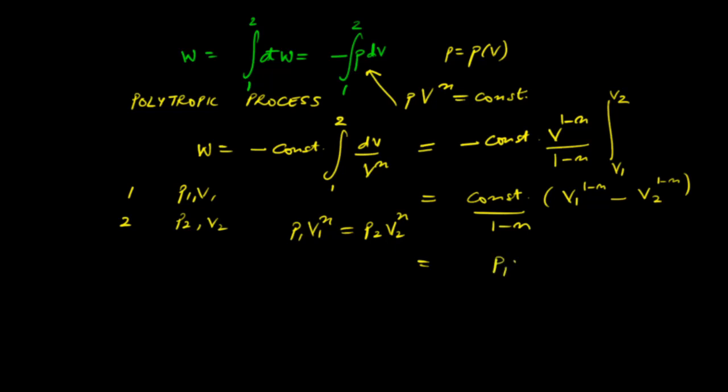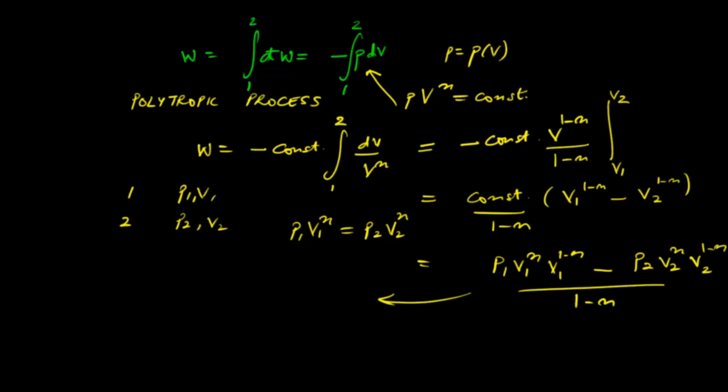So we have P1 V1 raised to power n times V1 raised to power 1 minus n. And for the second term, we can write the constant in terms of the second state. So we get P2 V2 raised to power n times V2 raised to power 1 minus n over 1 minus n, and that simply becomes P1 V1 minus P2 V2 over 1 minus n.